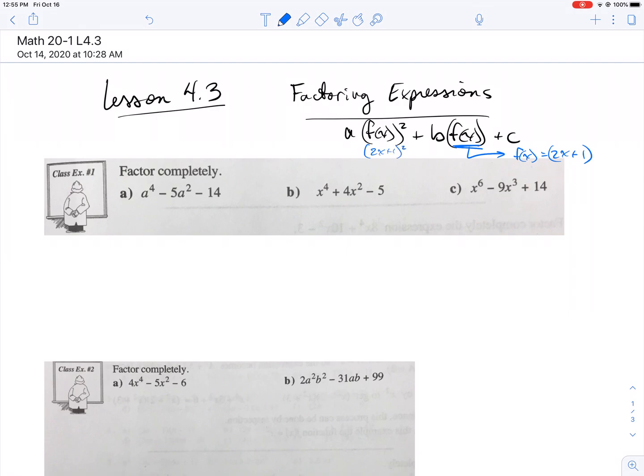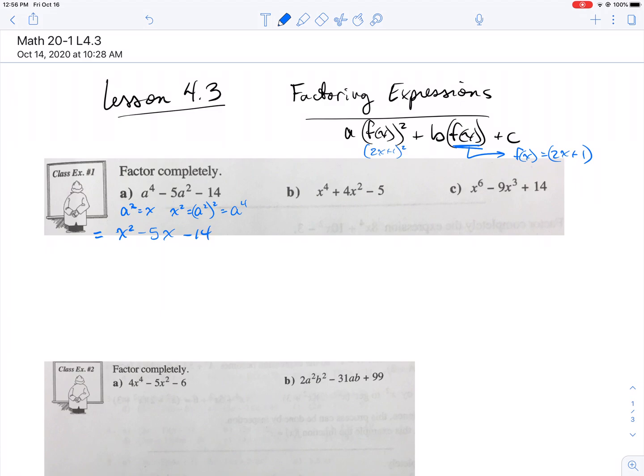So let's start here. Factor completely. This is a simple factoring problem if I let a squared be equal to x. So I know that x squared would then equal a squared squared, which is a to the 4. So you can see my substitution here is going to be x squared minus 5x minus 14.